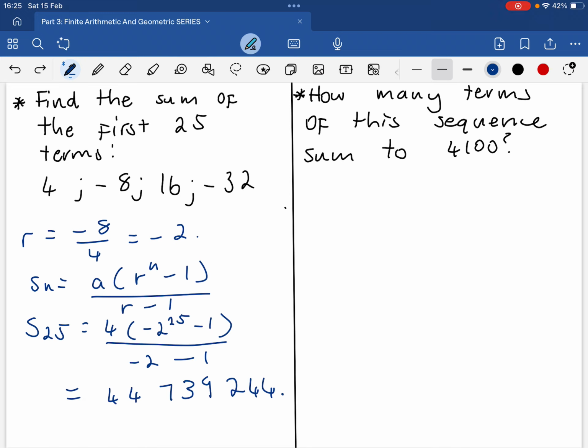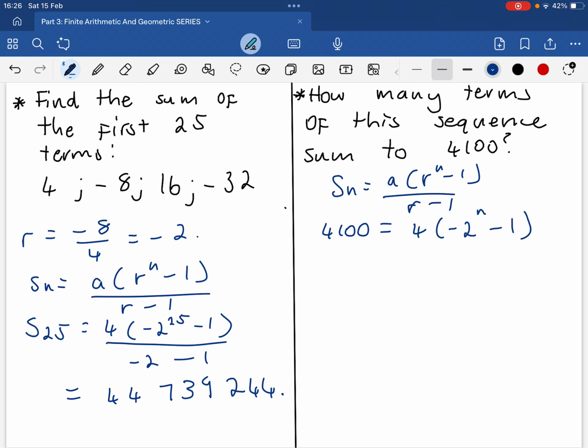This is very similar to that whole n and tn chat that we started with in the first video. So Sn, we know, is always equal to a into r to the n minus 1 over r minus 1, right? So 4,100 is equal to 4 and -2 to the power of n. We don't know how many terms sum to that 4,100, and then -2 minus 1.